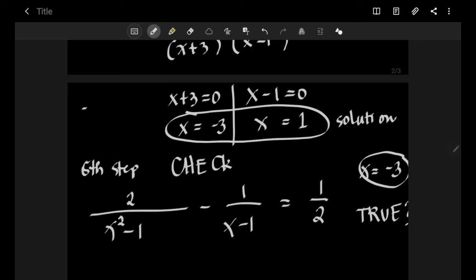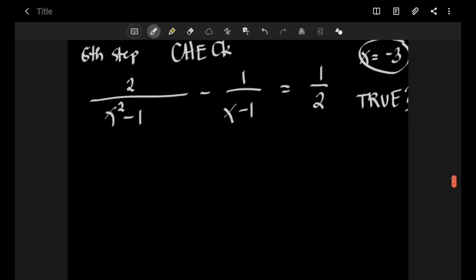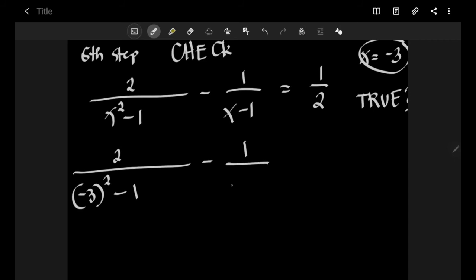Okay. So, kailangan mapatunayan natin na tama yung rational equation natin when x is negative 3. Para masabi na valid yung solution or valid yung value ng x which is negative 3. So, let us have 2 all over negative 3 squared minus 1 all over negative 3 minus 1. Is it equal to 1/2? Okay.